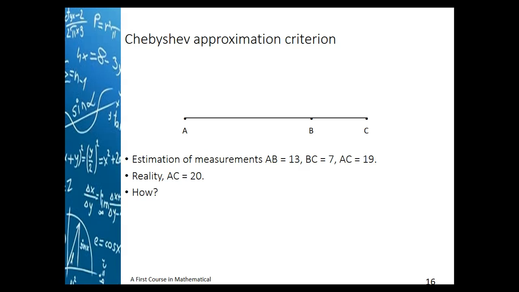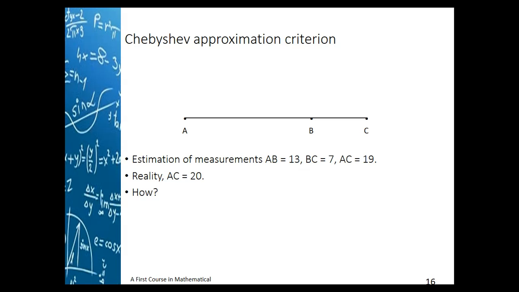But in reality, your A to C is actually 20. So you are losing one measurement, 1 cm. Your measurement estimation is 19, whereas the actual value is 20.